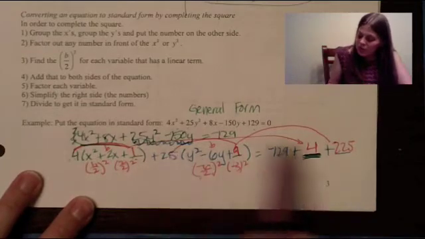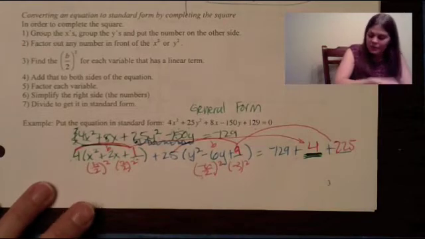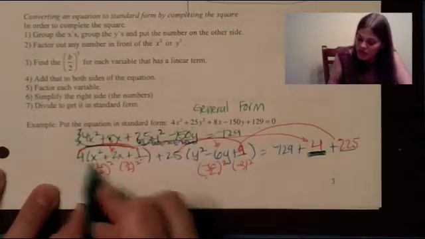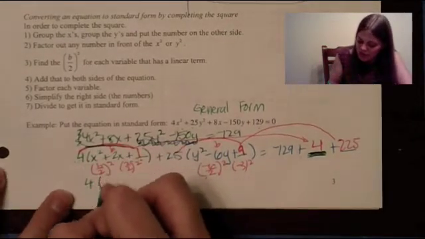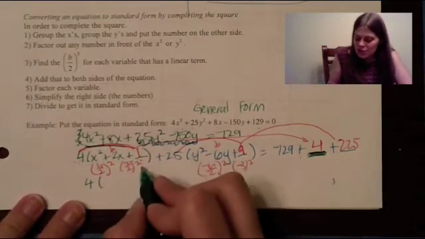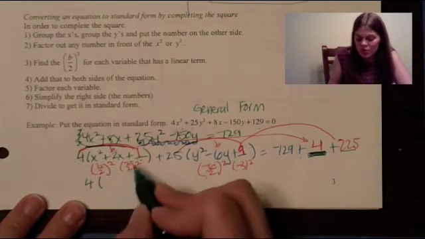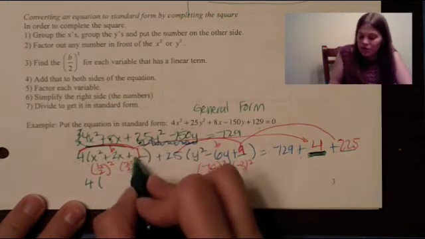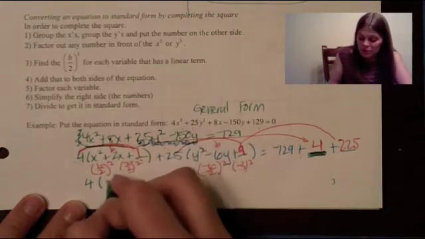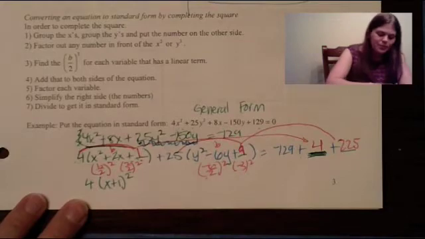Remember when you're adding the number on the other side that you have to multiply it by what you multiplied out in front. Now I'm going to factor this part right here. I keep the 4 there, and then this, you've contrived it to factor nicely. It's always going to be whatever your term is before you square it. So the 2 divided by 2 was a 1, so it's going to be 1. Or you can think, what multiplies to 1 and adds to 2? Well, it's 1 and 1. So this turns into 4 times x plus 1 quantity squared.